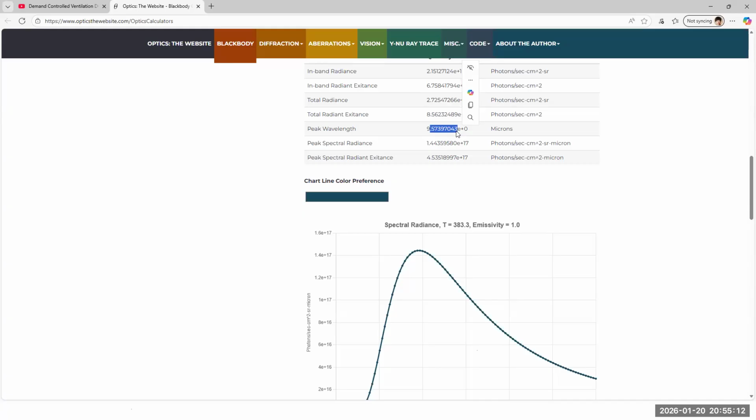Usually, for our Earth temperature, although it changes, our thermal radiation wavelength is mainly in the atmospheric window.